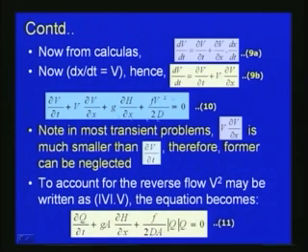Finally, this equation number 10 we can write as del Q by del t plus g into A into del h by del x plus f by 2d A into modulus Q into Q is equal to 0, as in equation number 11.